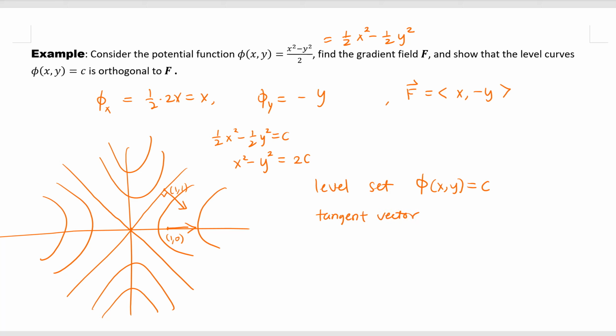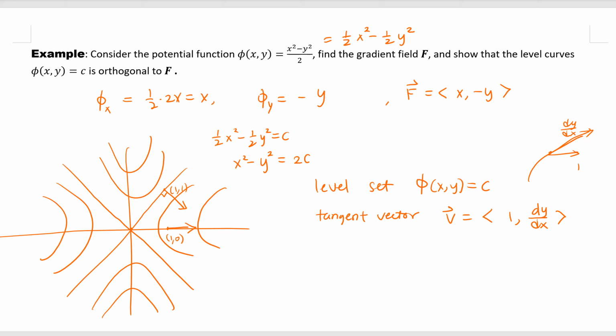Well, let's say we have a curve like this. Let's say the x component is 1. Then the y component is going to be the slope of the tangent line, which is dy dx. And so it will be 1, and this is dy dx. So far, so good, everybody?